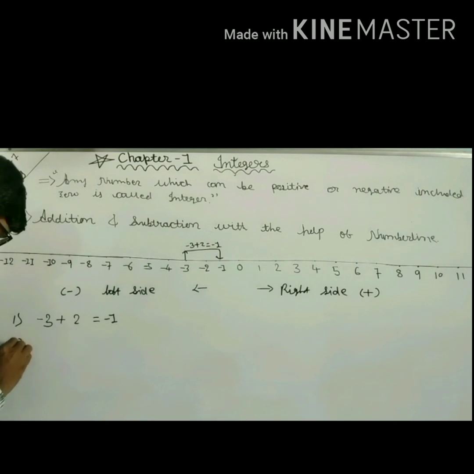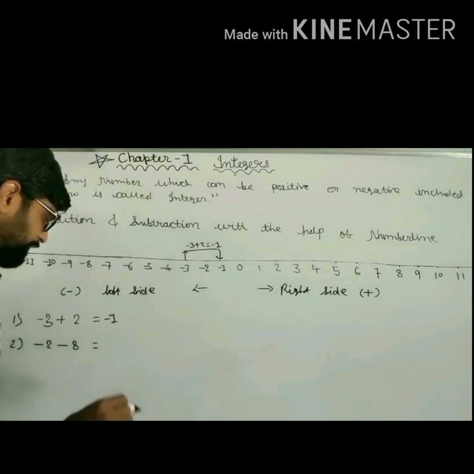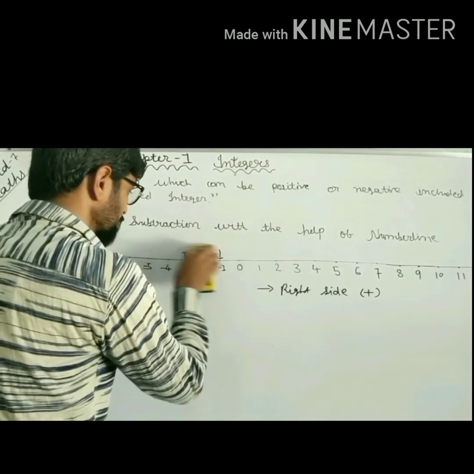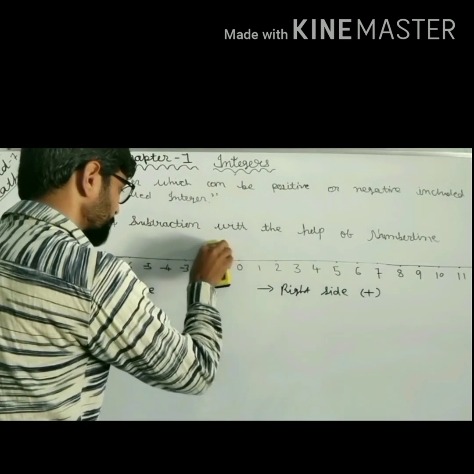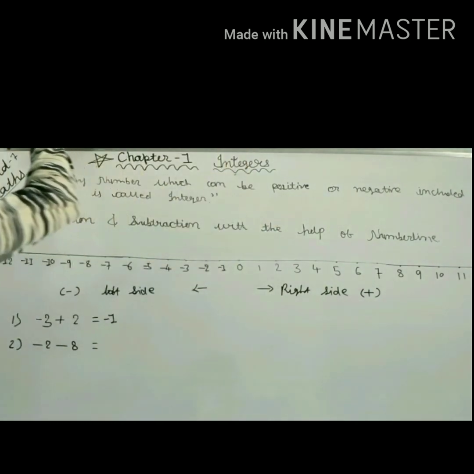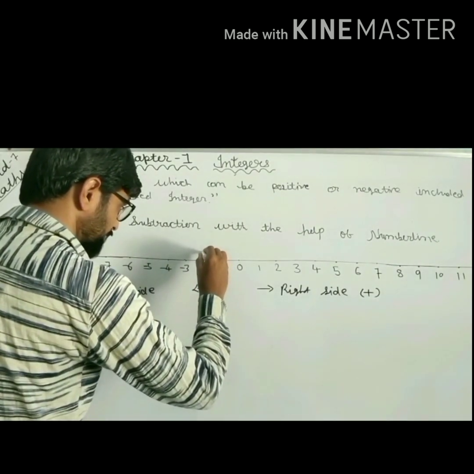Now the second one. Suppose both are negative numbers, -2, -8. What will be the answer? So here you have to start from -2 and move towards -8. Let's see with the help of the number line. Start with -2. This is -2.